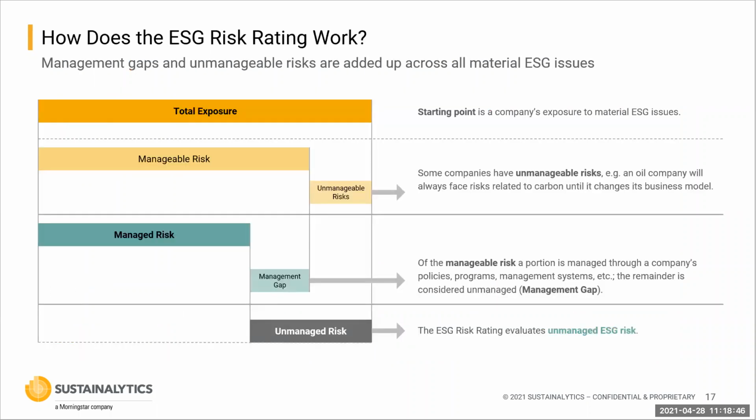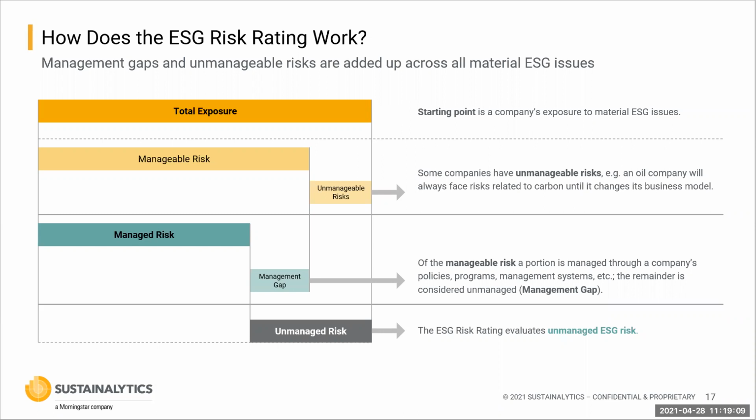So just to wrap up on the ESG risk rating methodology, as I mentioned before, the starting point is total exposure. So we are assessing what is the absolute exposure to risk that a company has across ESG issues.